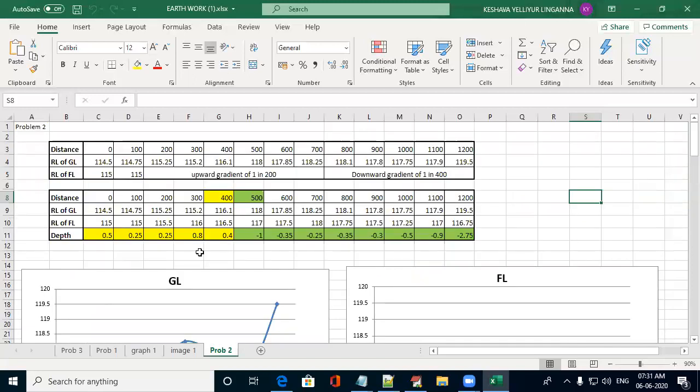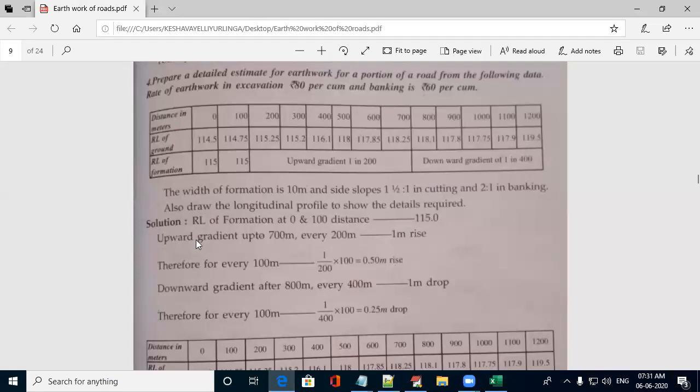Now let us see what is the RL at different intervals. Now as usual we need to do the calculation. Upward gradient up to 700 meter, there is 1 meter rise at every 200 meter, but we need the RL at every 100 meter. For every 100 meter, rise should be half meter, right? So 100 by 200, that will come to 0.5 meter rise.